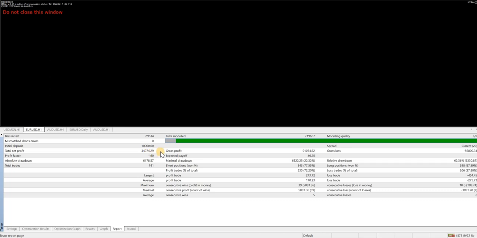It's a $10,000 start account. It's done about 34,000 profit, profit factor 1.6, 741 trades, and this is on full automation. This is not how I'd run an EA, but this is just showing what it can do. Maximum drawdown was 22.32%. Now that's getting a little bit high.